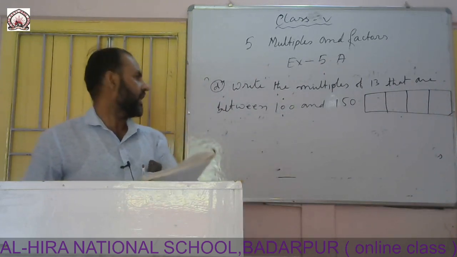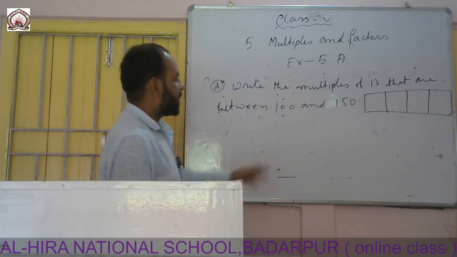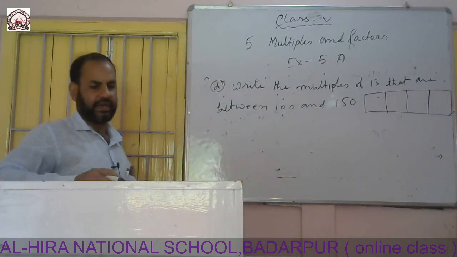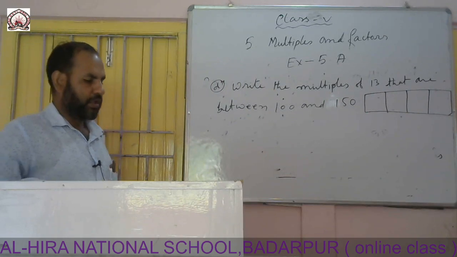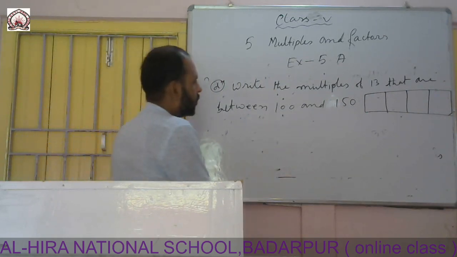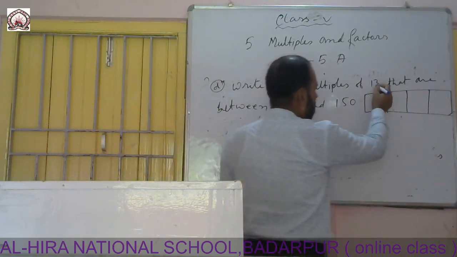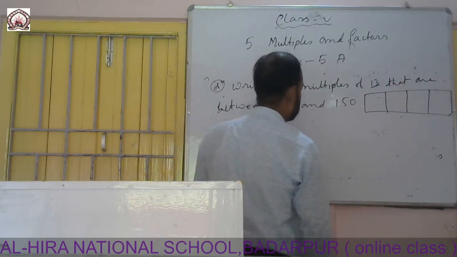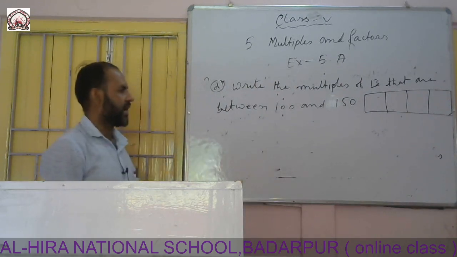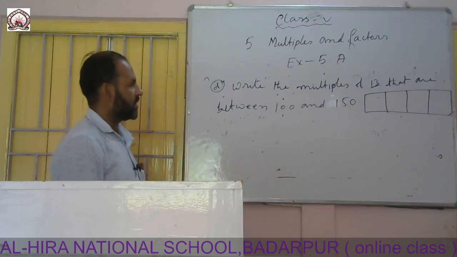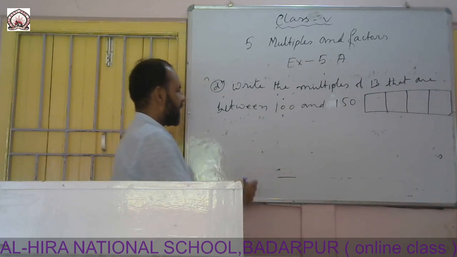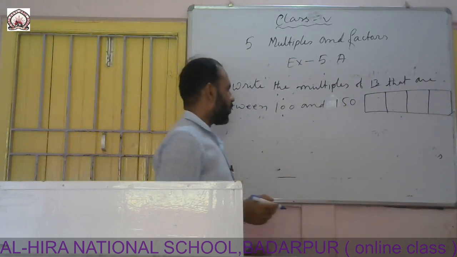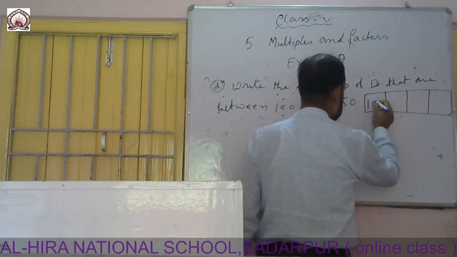So we write here the multiples of 13 that are between 100 and 150. So we take out the multiples of 13 which are between 100 and 150. We know that 13 eights are 104.